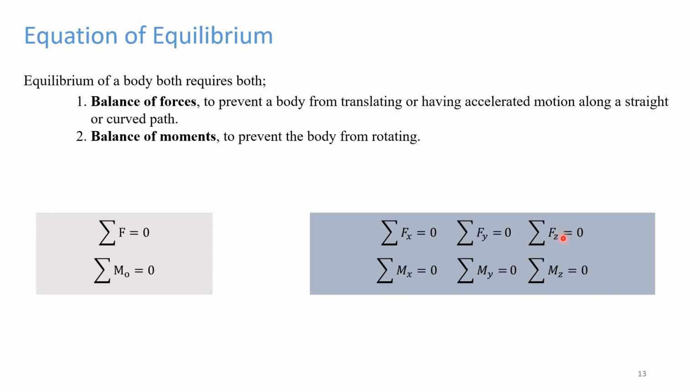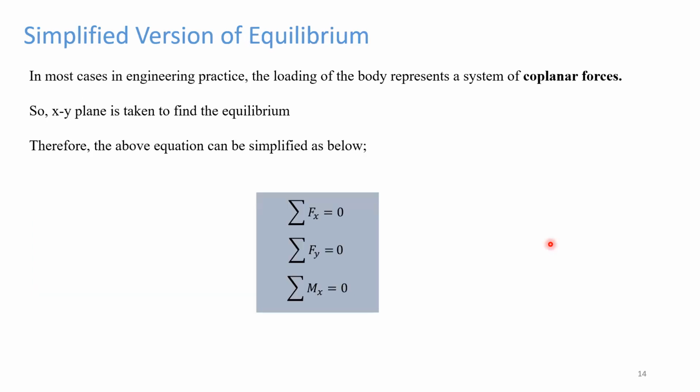And once you have that Fz case, you should be able to further simplify it and solve it. Otherwise, it's very difficult to deal with such cases. Normally, it doesn't happen.